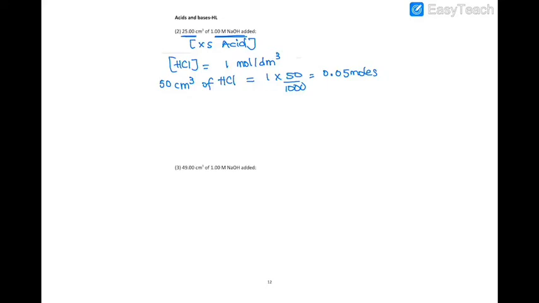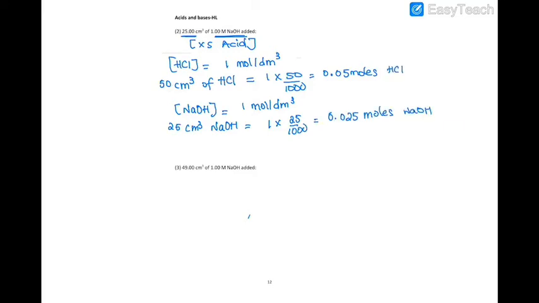Now to this we have added 25 centimeter cube of NaOH. Let's calculate the number of moles of NaOH that has been added. Number of moles is concentration times volume. Now all the NaOH that is added is going to react with the HCl, but it's not going to use up all of the 0.05 mole of HCl.